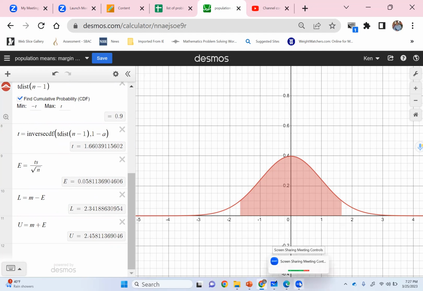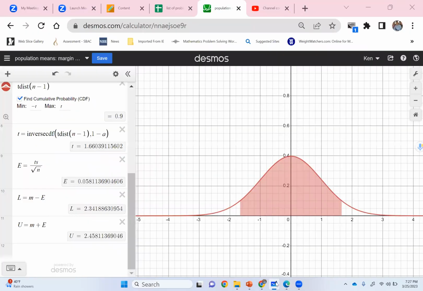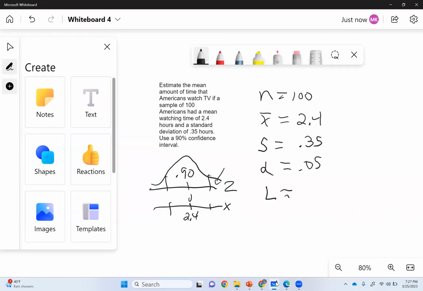So let's go to our whiteboard, and we see that our lower value was equal to 2.34. Now, that's a good thing because we need our lower value to be lower than our sample mean.